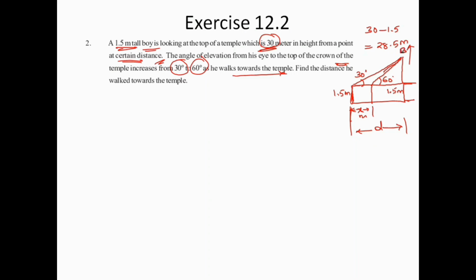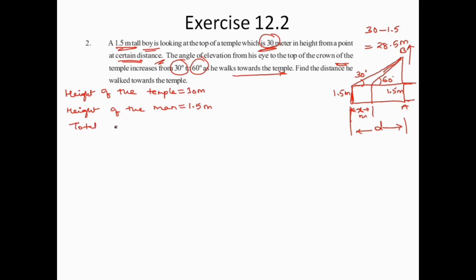So let me name it B here, A here. So the height of the temple is given as 30 meters. What about the height of the man? The height of the man is given as 1.5 meters.